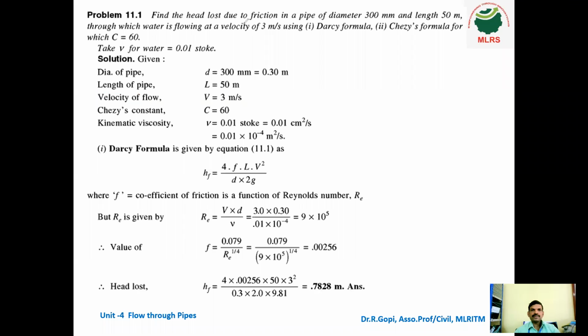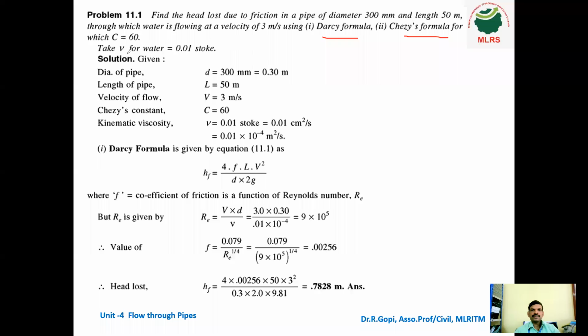Find the head loss due to friction in a pipe of diameter 300 mm and length 50 meter, through which water is flowing at a velocity of 3 meter per second, using Darcy's formula and Chezy's formula, for C is equal to 60. They are asking for hf in both cases. This is a very simple problem.